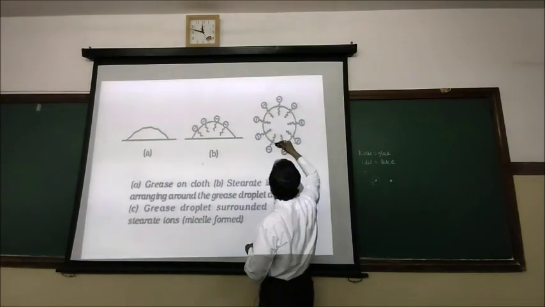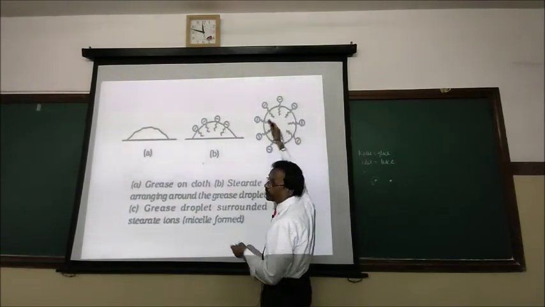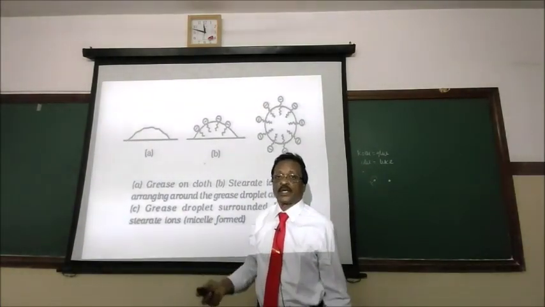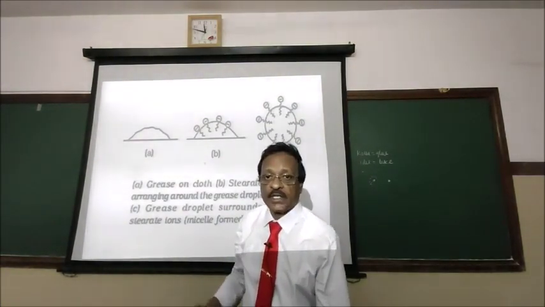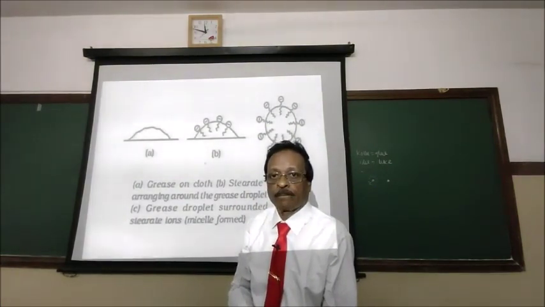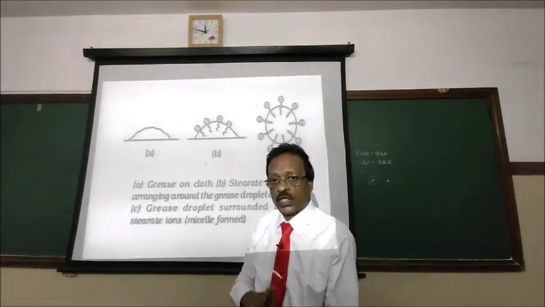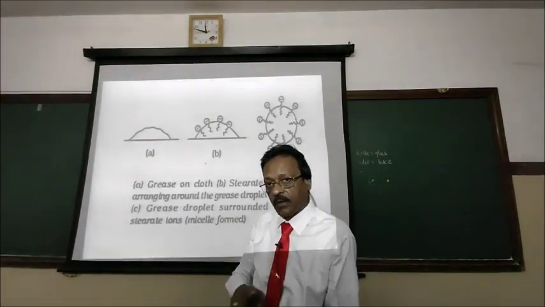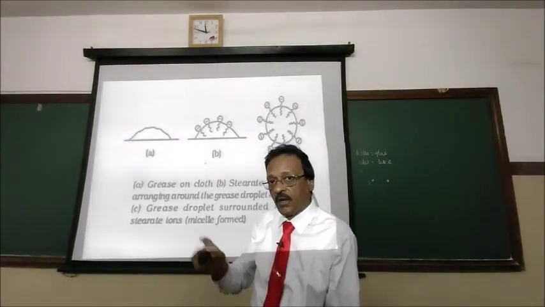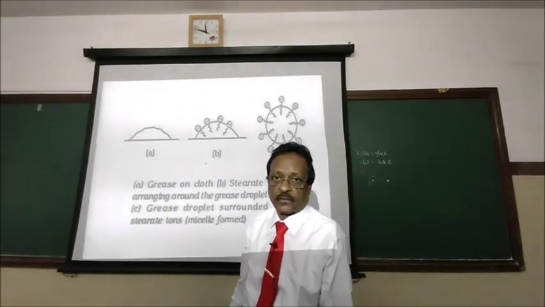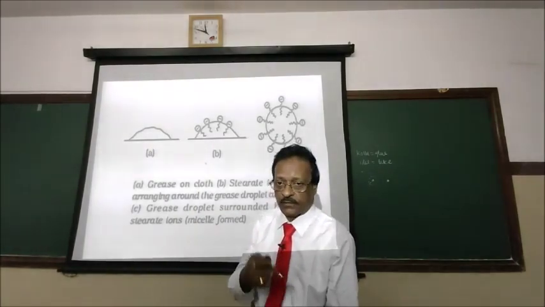It becomes a spherical micelle, which can be easily washed away by running water. The cleaning action of soap can be explained by micelle formation or associated colloids. Soaps and detergents are associated colloids. How the soap becomes a colloidal particle, a micelle, and how this micelle function is used for cleaning the cloth. Okay, right, students? Fine.